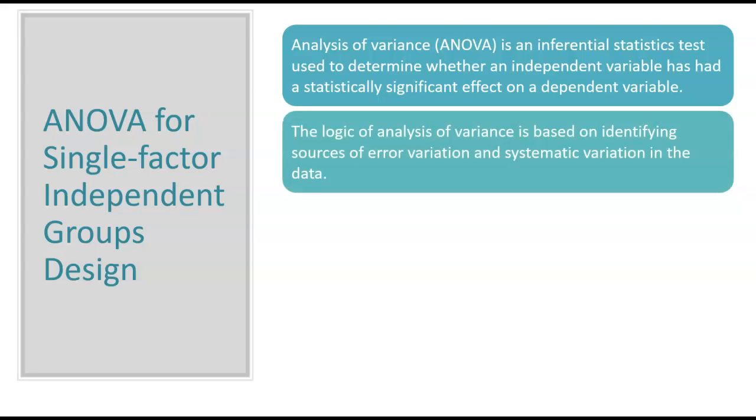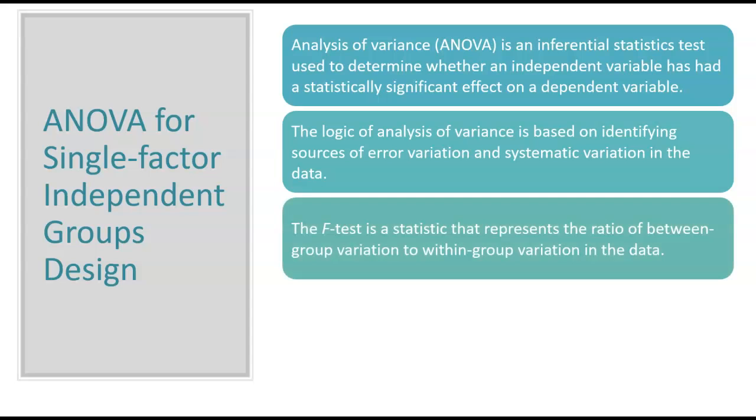The logic is basically that you need to look at variation of 2 different kinds. You have error variation within each of your groups, and you have systematic variation that allows you to describe the differences across groups.